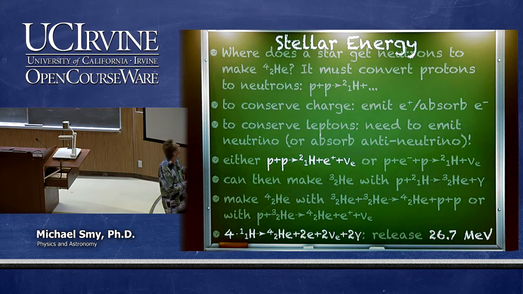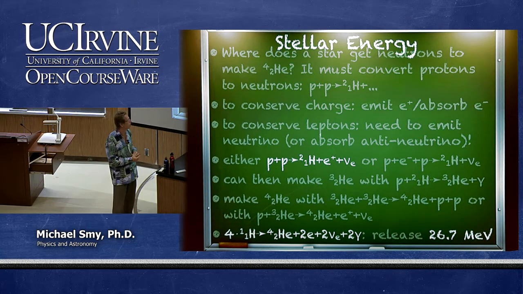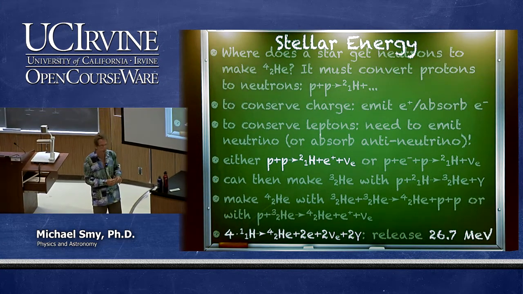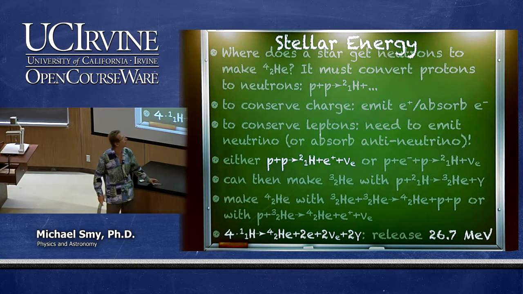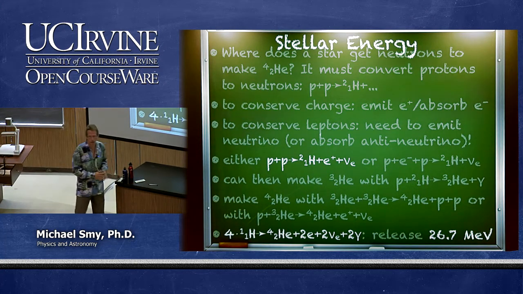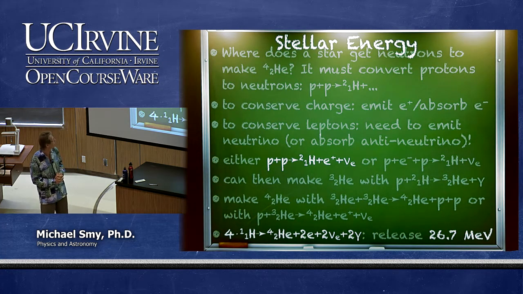Proton plus proton goes to deuterium, H-2-1, plus positron plus neutrino, or proton plus electron plus proton makes deuterium plus a neutrino. The first process is called the PP process, and the second one is called the PEP process.